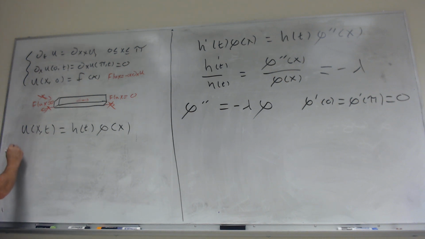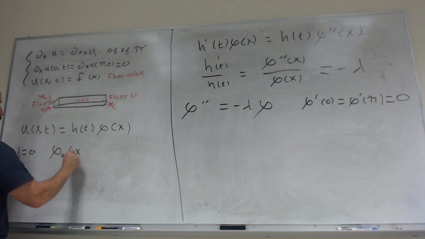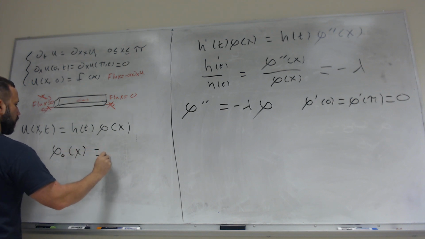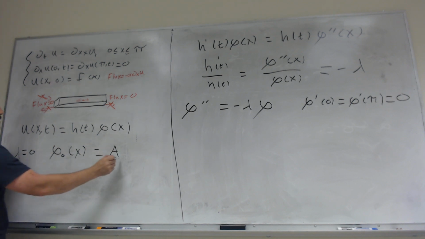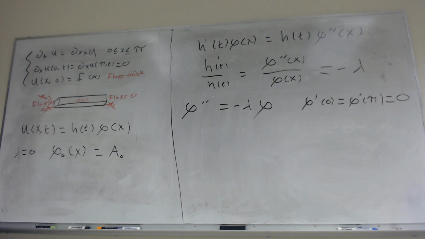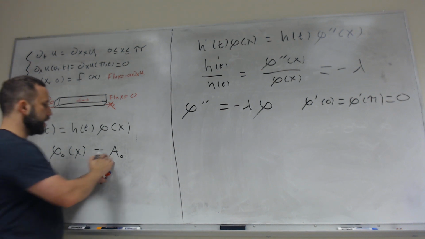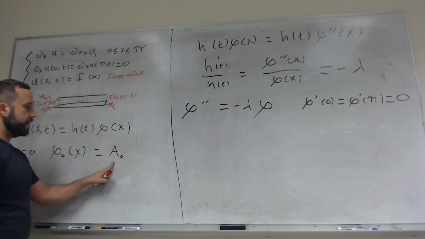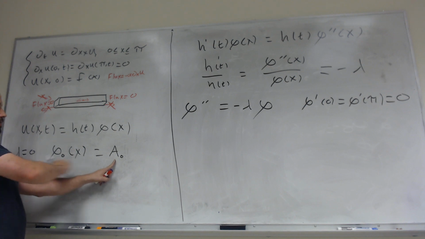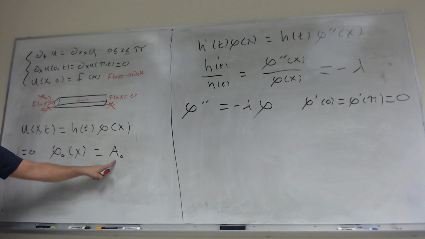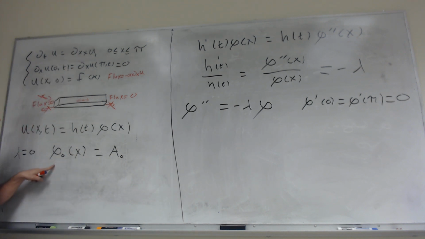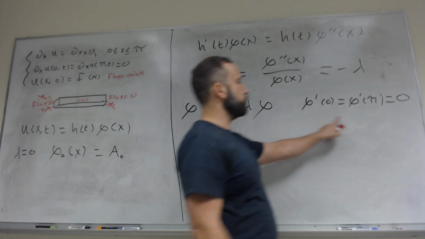If lambda is equal to 0, then the solution, which I'll call phi sub 0 of x, is just equal to a constant, which I'll call a sub 0 for now. If I have a constant here and lambda is 0, it definitely satisfies the ODE, and the derivative of this function is 0, so it also satisfies the boundary conditions.